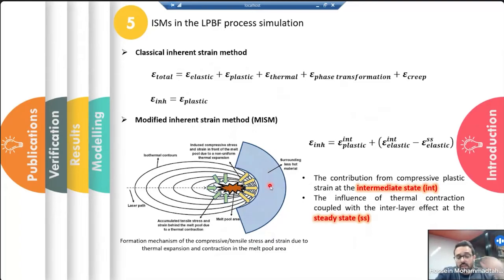it generates compressive plastic strain. Since at elevated temperature the yield strength and the elastic modulus decrease significantly, the heating process generates compressive strain.